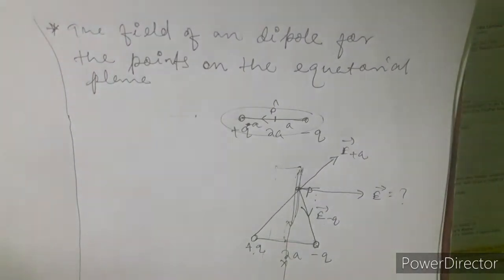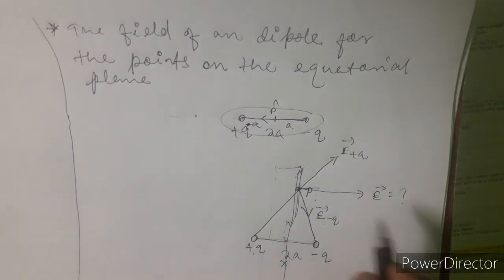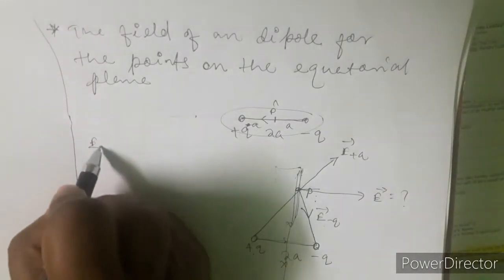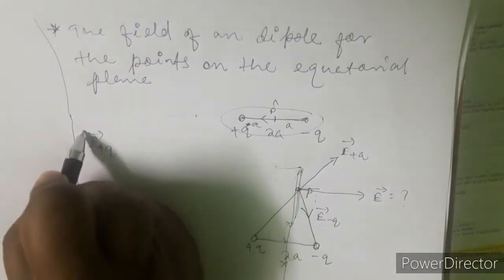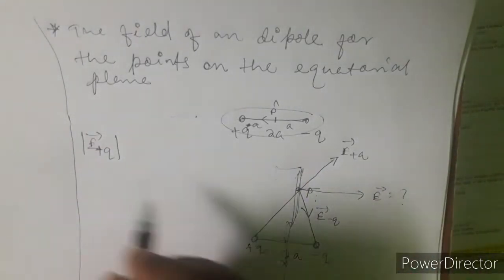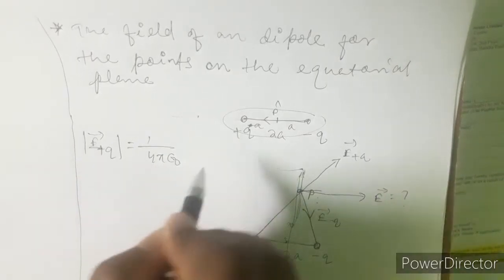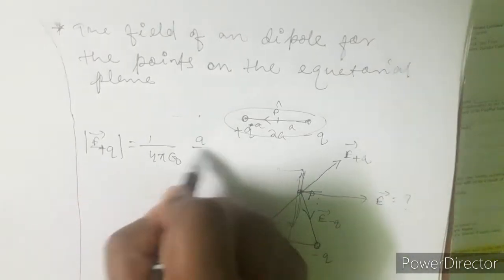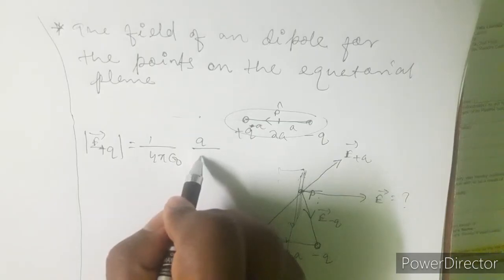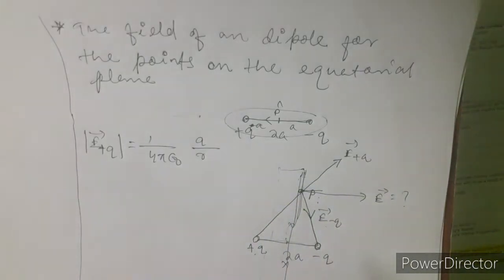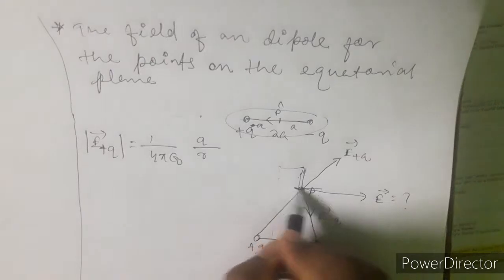So as you know, what is E plus q? Let us do it quickly. E plus q is 1 by 4 pi epsilon naught, magnitude I am writing, q by r squared. What will be the distance from here to here?